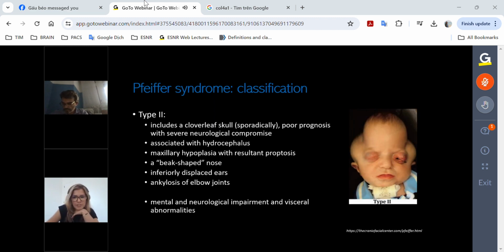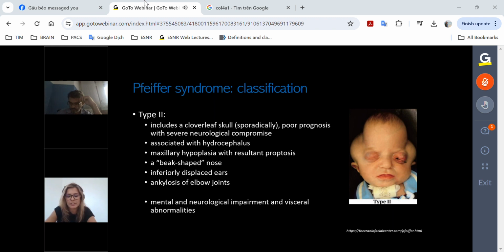Type 2, our type of patient, of course, it's not so much pronounced, but they present with a clover leaf skull appearance, and they have very poor prognosis because the brain cannot develop correctly. They are associated with hydrocephalus, and they also have this peculiar aspect of the midface, and the ears and the eyes are also displaced because of this hypoplasia.